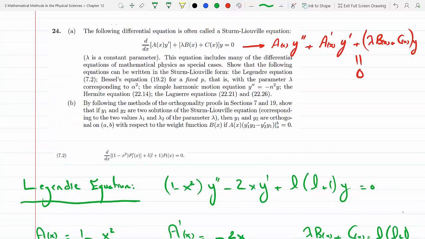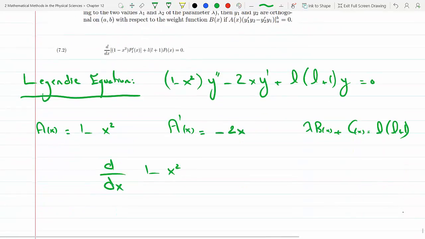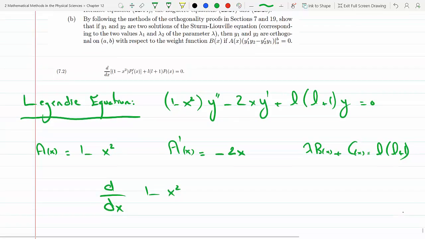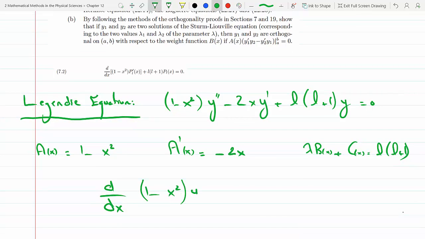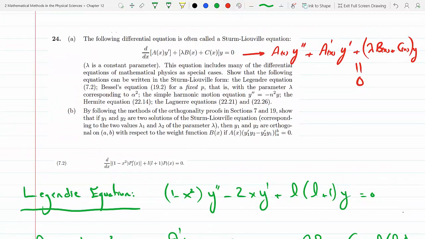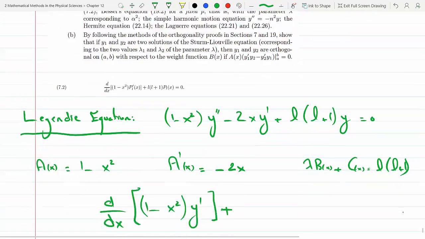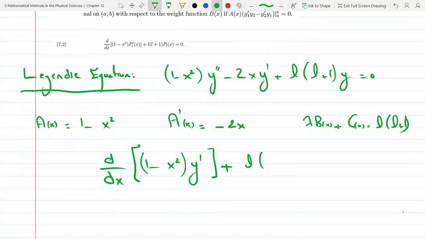Now I'm back to the original form of the Sturm Liouville equation that I have in the question, d over dx of a(x) times y prime, plus lambda b(x) plus c(x), which we said is l times l plus 1, times y equals 0.